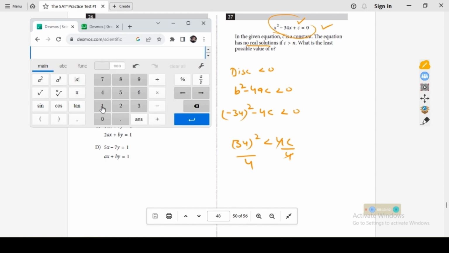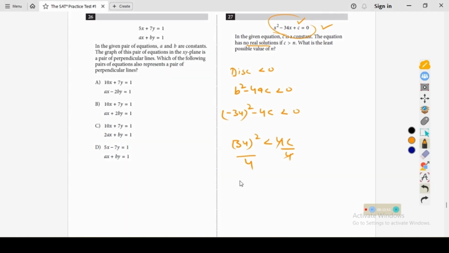And it becomes 34 whole squared divided by 4. The answer is 289. So 289 is less than c. So the value of n is 289, which is the least possible value of n.